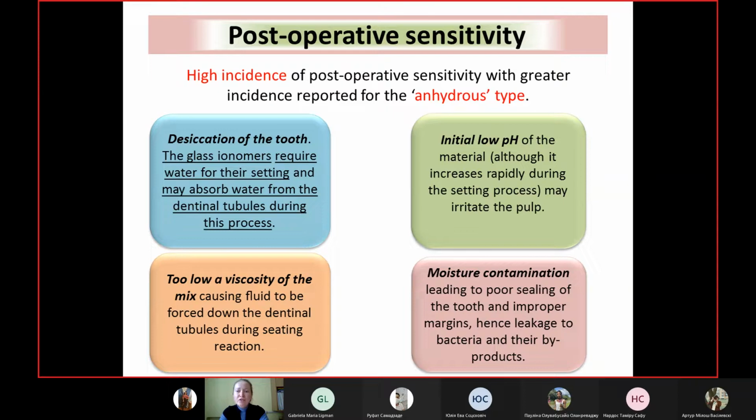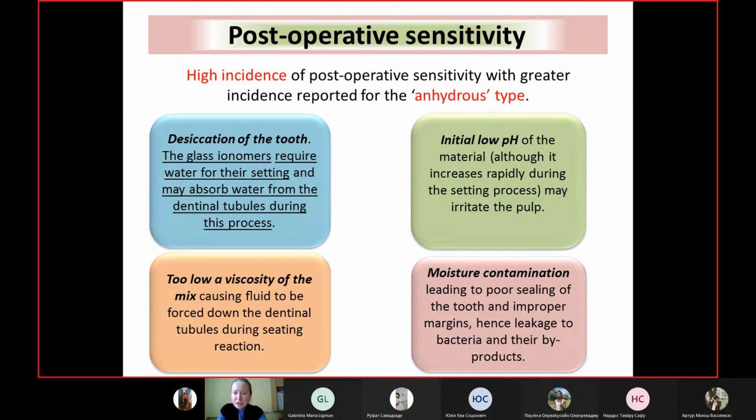This could happen due to such reasons. First of all, desiccation of the tooth. The glass ionomers require water for their setting and may absorb water from the dentinal tubules during this process. Second, due to the initial low pH of the material, which may irritate the pulp at the initial stages, but on later stages pH increases.